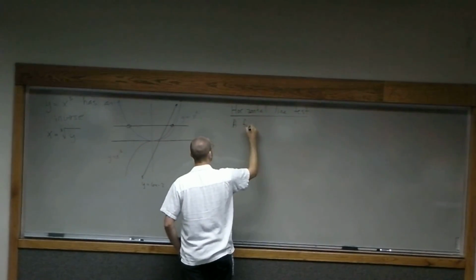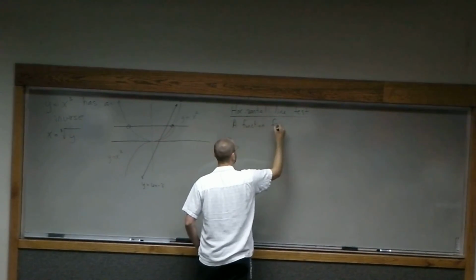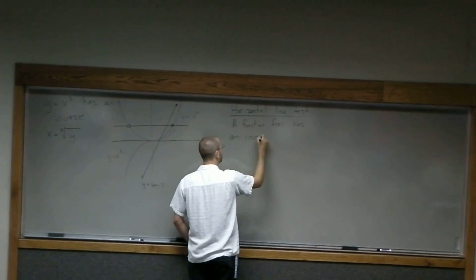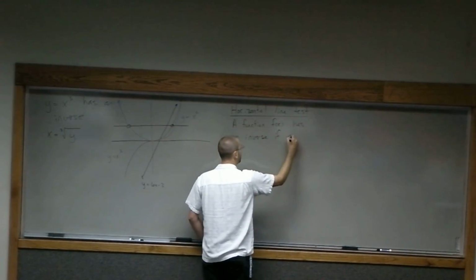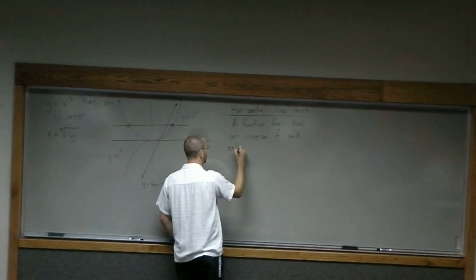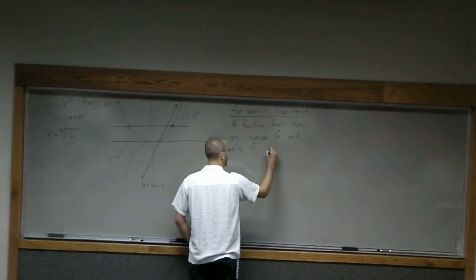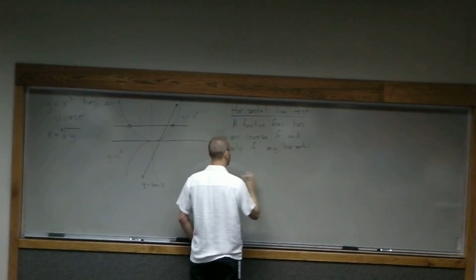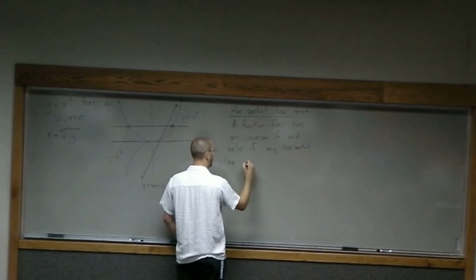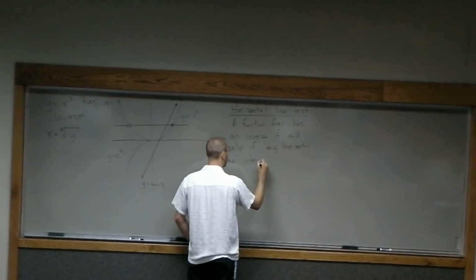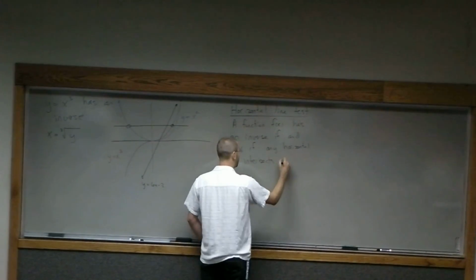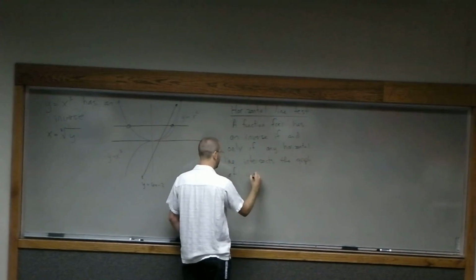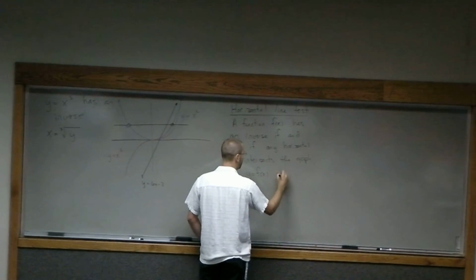A function f of x has an inverse if and only if any horizontal line intersects the graph of y equals f of x at most one time.